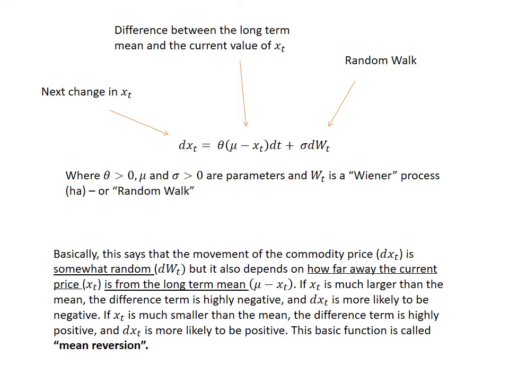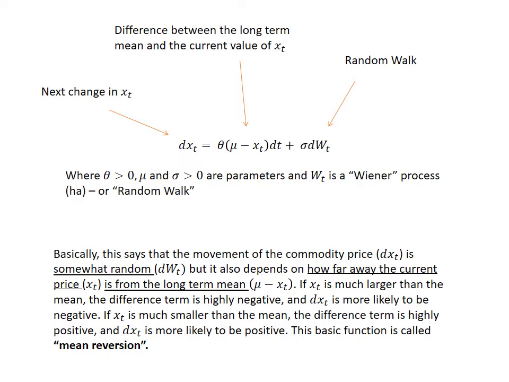So mu is the long-term mean, right? That's the equilibrium price that we expect the price to return to over the long term. And so you can imagine here if xt is much higher than the long-term price, then you have this really big negative value in the middle of this equation, which tends to force the net change in xt to be negative.